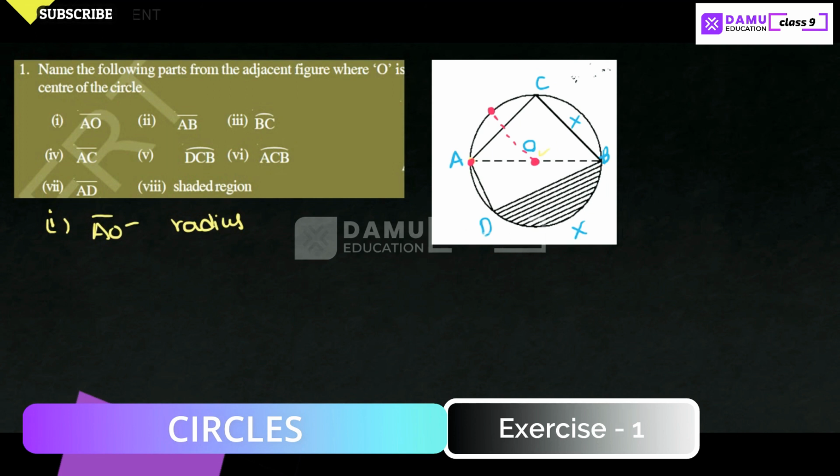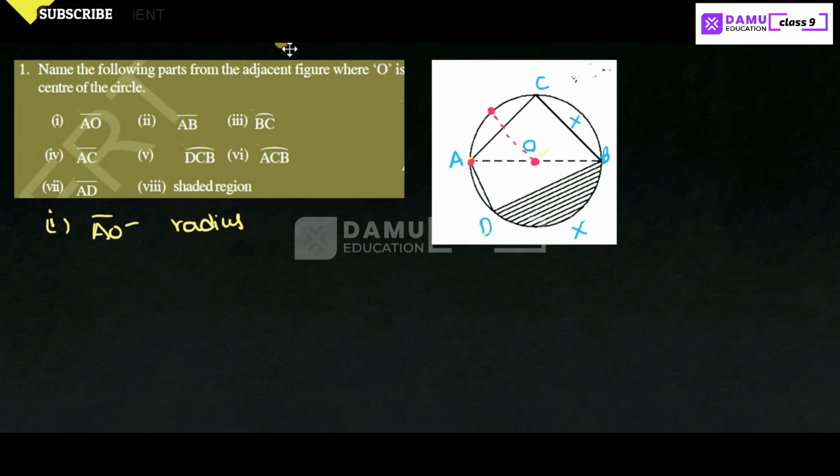Next, our second one is AB. It is joining A to B. So this one is a chord. The two points on the circle which are joined by a line is called a chord. But if this chord is passing through the center of the circle, then we call it a diameter.